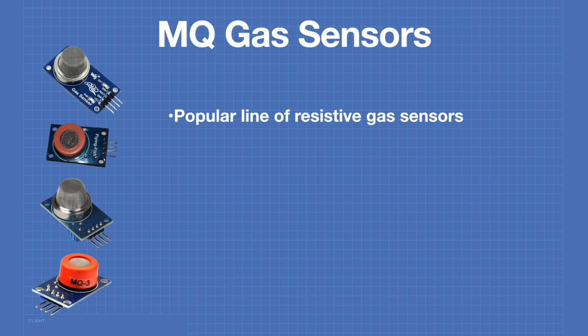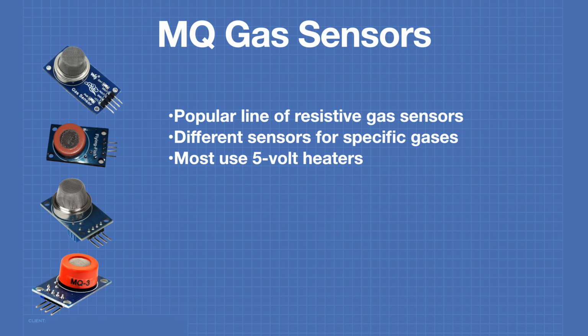The MQ line is a popular line of resistive gas sensors. There are different MQ sensors for specific gases. Most of these sensors use a 5-volt heater, and this heater can take a bit of current, so you need to keep that in mind when designing your project. The most popular way to buy MQ gas sensors is on a module, and the module provides dropping resistors as well as a comparator for the digital output.